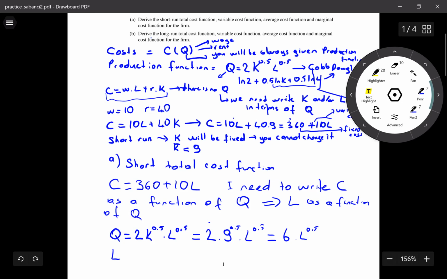I would like to leave L alone. Then L to the 0.5 is equal to Q over 6, and if I take the square of both sides, L is equal to Q squared over 36.